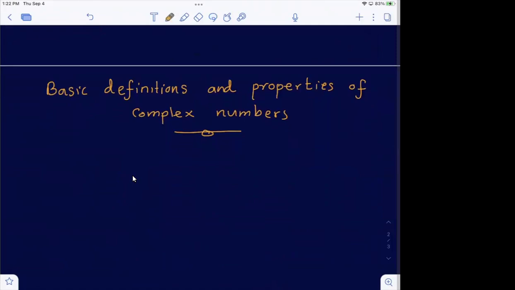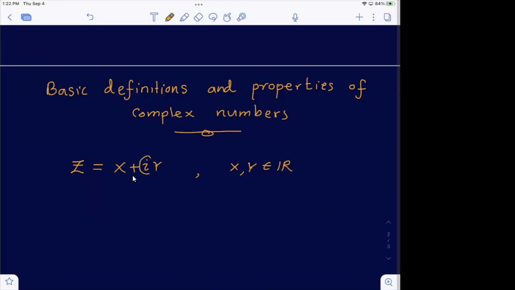A complex number is a number given in the form of z equals x plus iy, where x and y are both coming from the collection of real numbers.